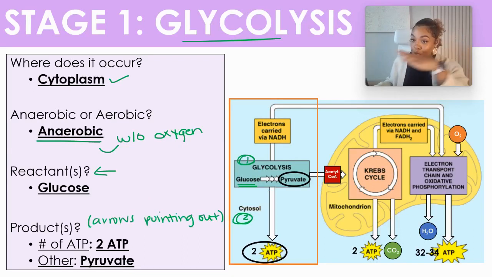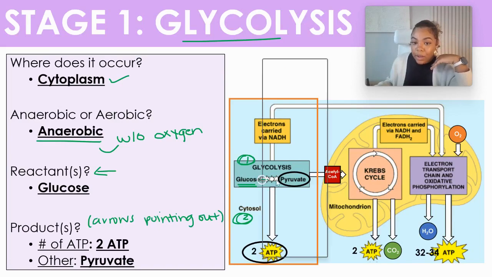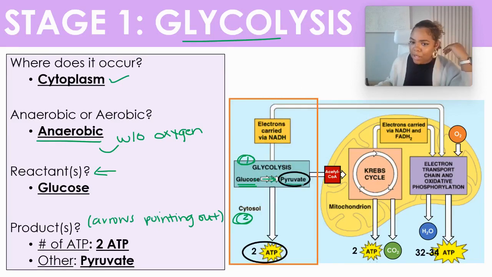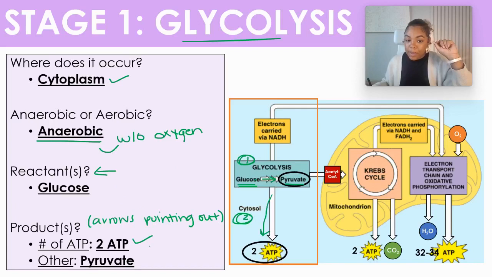And what is being produced or made is glucose is turning into this molecule called pyruvate. I know it sounds like a crazy word, but pyruvate. And also we see an arrow pointing out that's showing that 2 ATP are being made. So in the process of glycolysis that occurs in the cytoplasm, we are taking in one reactant, glucose, and we are making 2 ATP, and we're also making pyruvate.